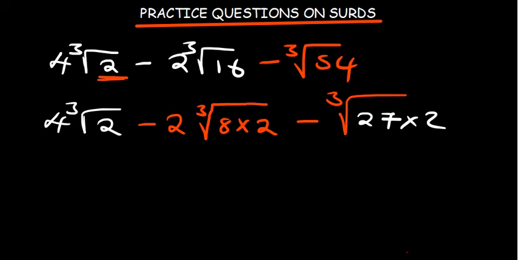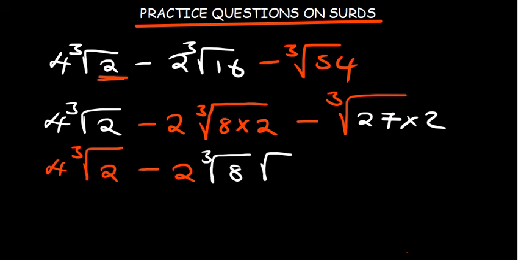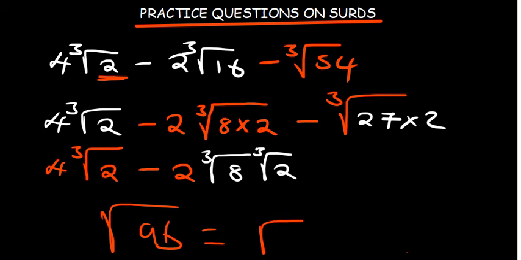We can now move. So we have 4 third root of 2 minus 2. Where we have a product, we can now distribute the third root there. So I'll say the third root of 8, third root of 2. Just like we said, when you have the root of a times b, it's the same as root of a, root of b multiplied together.